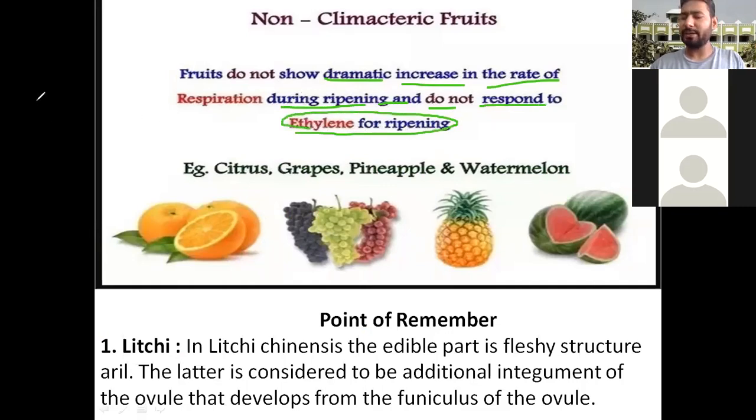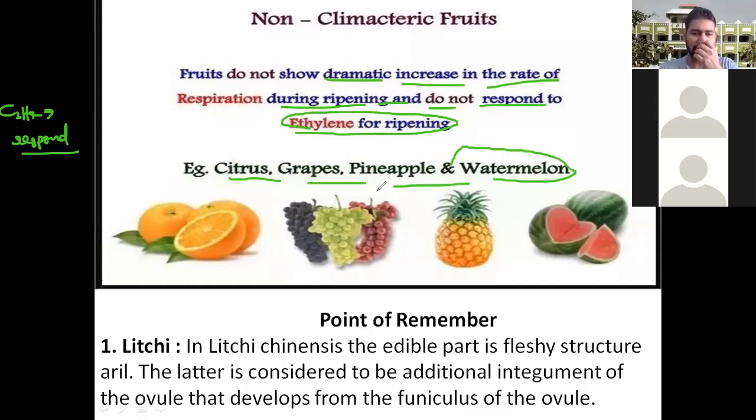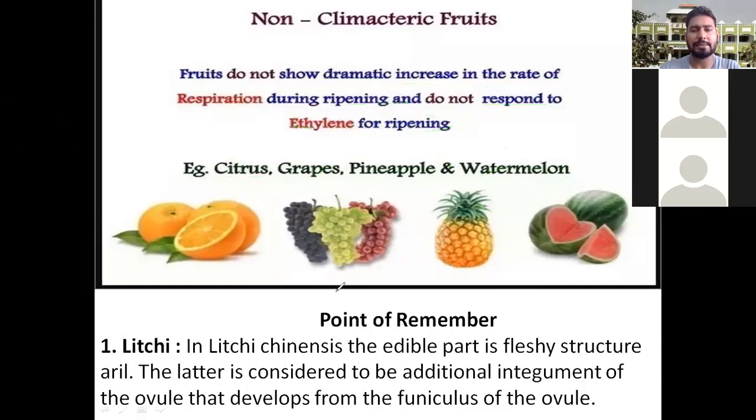If you use ethylene gas, they will not respond properly, meaning rapid ripening does not take place. Such a fruit is called a non-climacteric fruit. Examples are citrus, grapes, pineapple and watermelon.